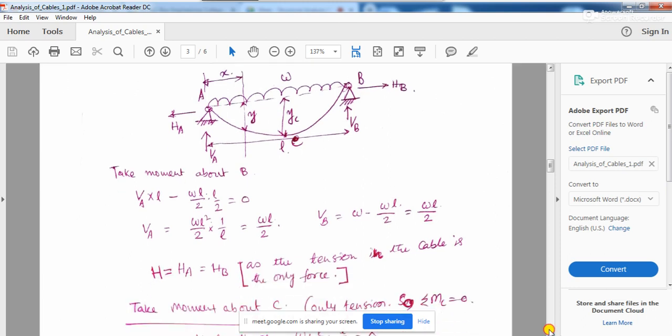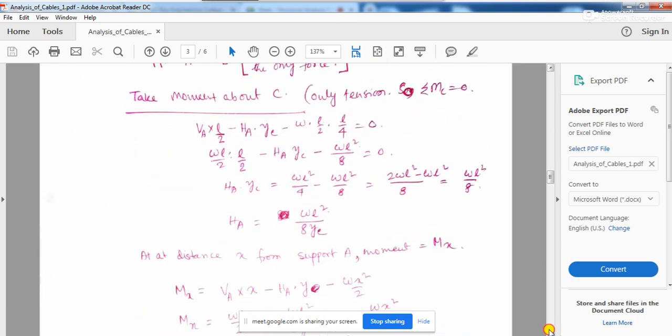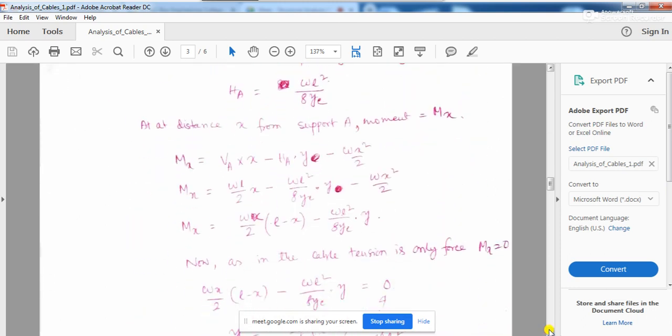So if you take the moment about that point, at a distance x from the support A, the moment Mx. So if you take Mx and make this Mx equal to 0, then what are you going to get, we'll see. So what is the Mx? Mx will be exactly the same way as we have done it earlier.